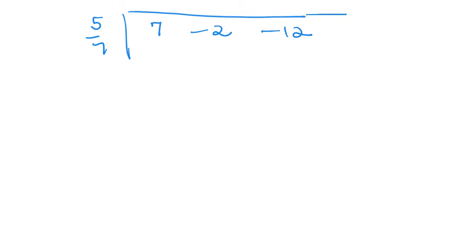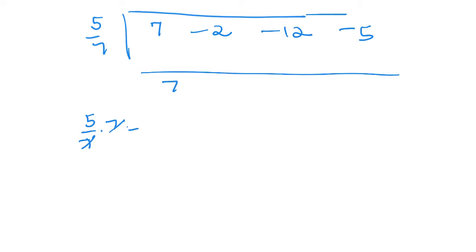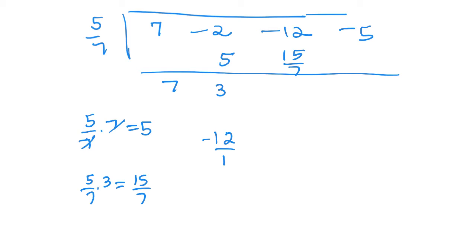So we have 7, negative 2, negative 12, negative 5. We'll bring down that 7, and 5/7 times 7, they cancel, and that leaves us with 5. Negative 2 and 5 is 3, and 5/7 times 3 is 15/7. And negative 12 over 1 plus 15/7.